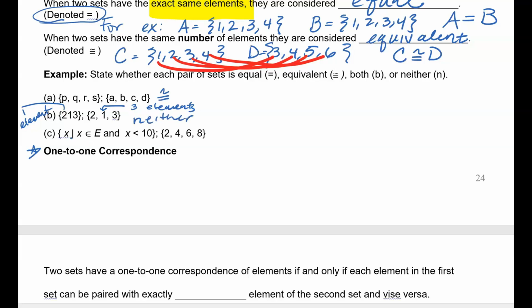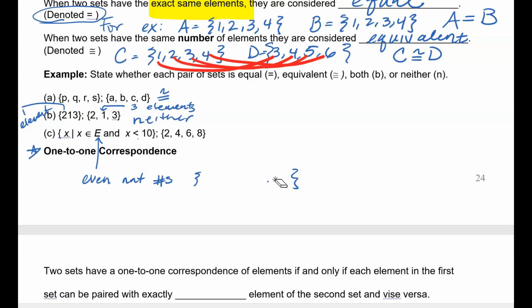And then for this one, all values of x such that x is a part of E. Remember, E is even natural numbers. So I'm just going to write a little note. Even natural numbers, so that would be like 2, 4, 6, 8, those numbers, and x is less than 10. So actually, let's write that out.